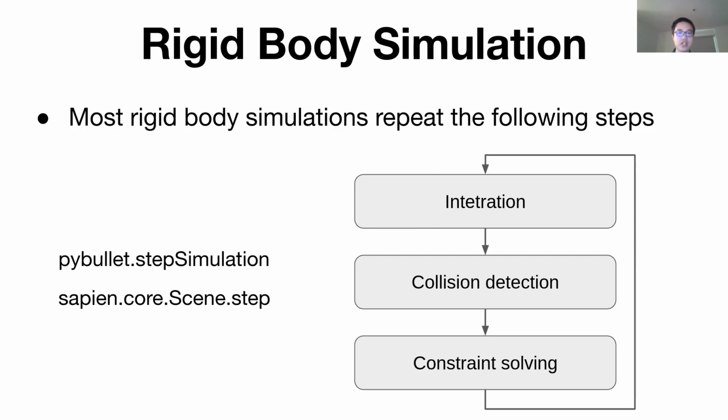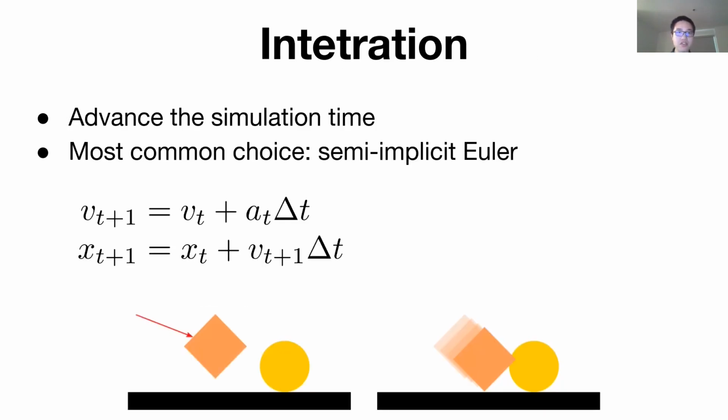Let's take a look at them in detail. First, integration refers to advancing the simulation time and updating simulation states. A very common choice is the semi-implicit Euler integrator. That is, update the velocity with acceleration and update the position with the new velocity.